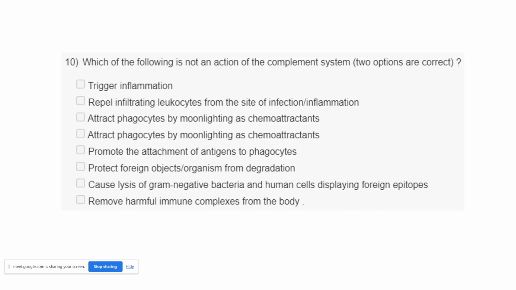Promote the attachment of antigens to phagocytes, protect foreign objects or organisms from degradation, cause lysis of gram-negative bacteria in human cells displaying foreign epitopes, remove harmful immune complexes from the body. Not an action of complement system.